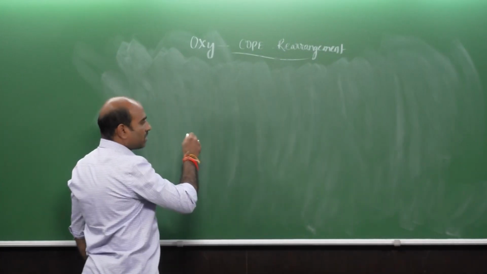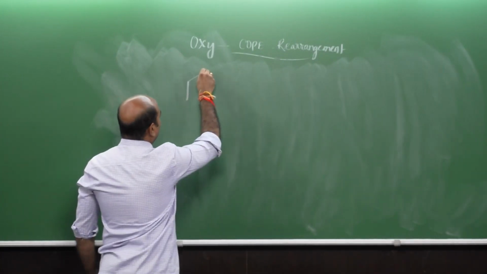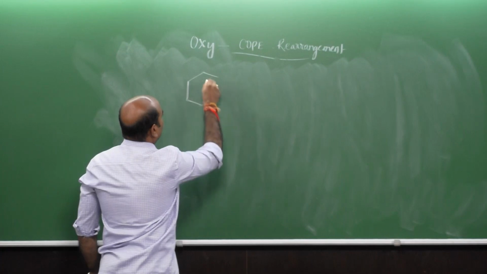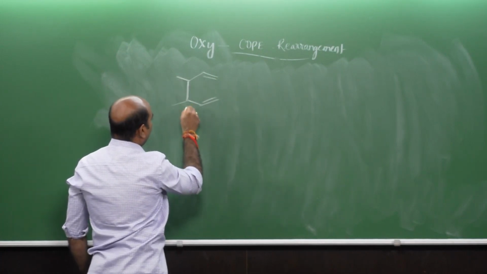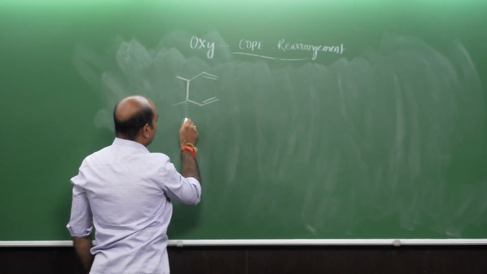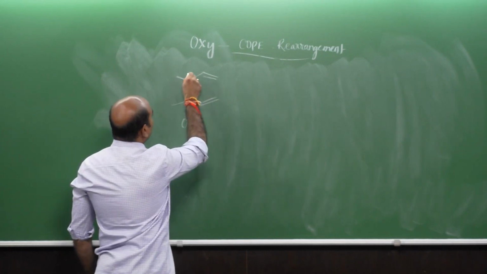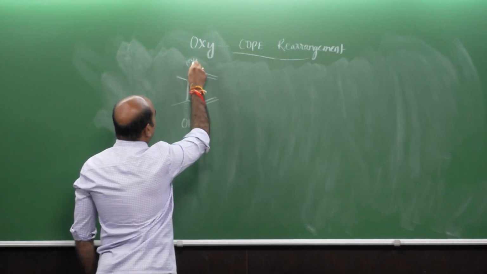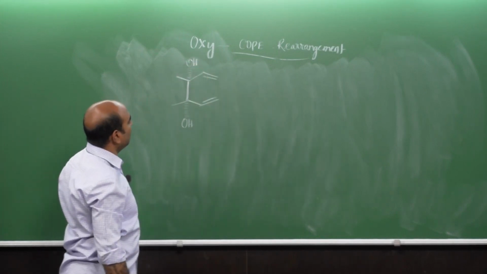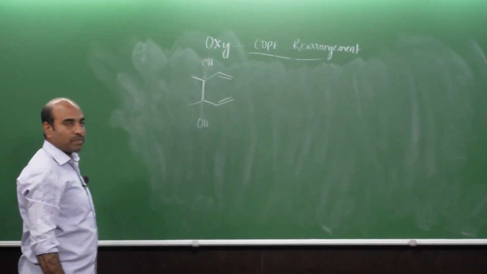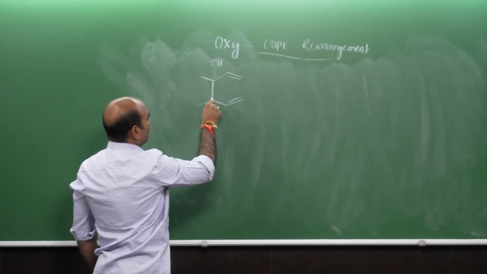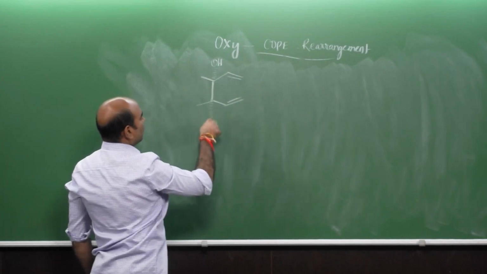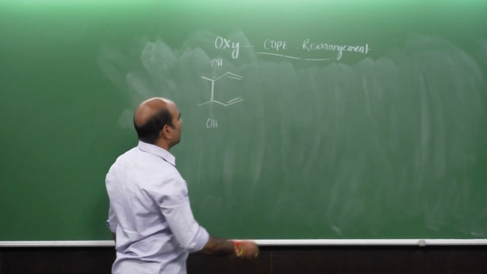So if you get a question like this, don't be afraid. It is as simple as we already have seen so many examples. There are two oxygen functionalities at the C3 and C4 carbon atoms. This is the C3 carbon atom and this is the C4 carbon atom, right. So there are two oxygen functionalities over here.